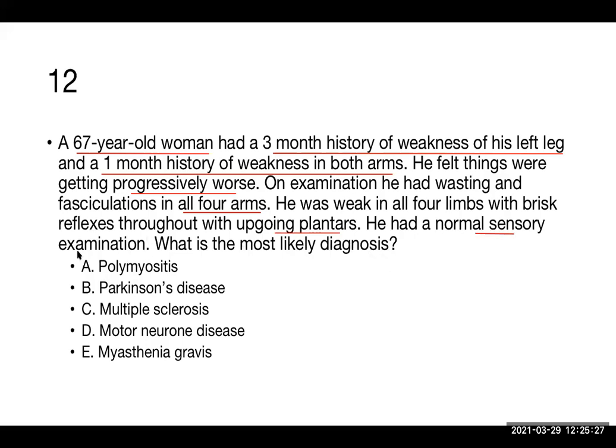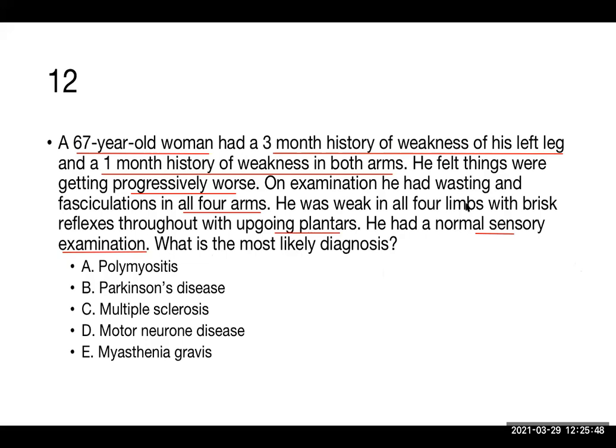We have done this case, probably in the last class or before that. We discussed this. So can anybody solve this one? Yeah. I think it's a motor neuron disease. What clues did you get from here?